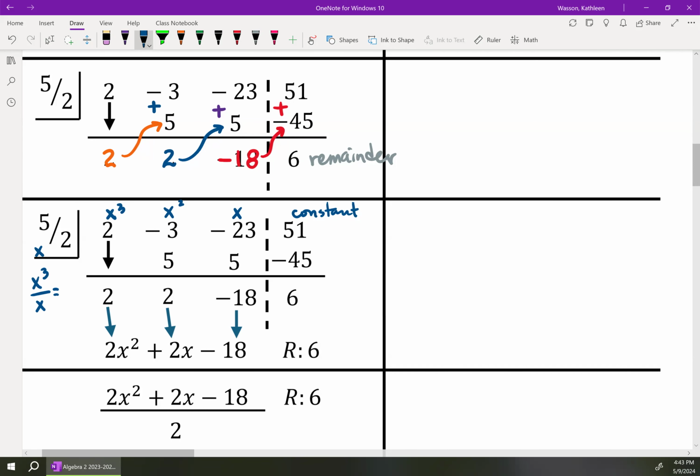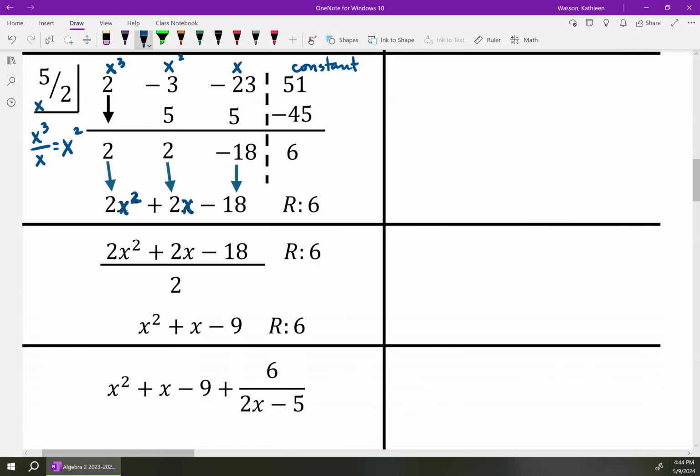When I write my result, I am down by 1x because I divided. So now I'll put my x's back in. This is why you have to make sure they're in order, because we're only using numbers. So I'll put x squared. It's one fewer. It'll always be one fewer x than what you started with. And then plus 2x, and then minus 18, no x. This is just a number. And your remainder is over here to the side.